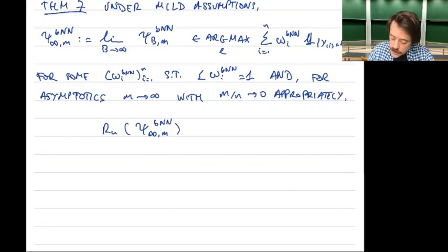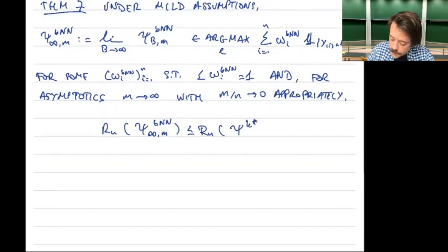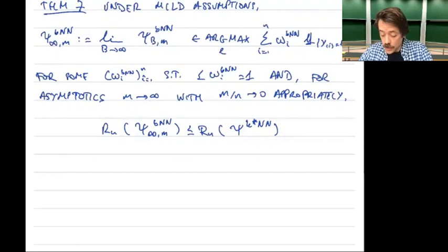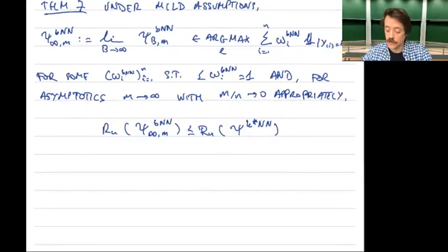So this guy is less than or equal to the Rn of not only the one nearest neighbor classifier, but actually of that which is carrying the optimal number of neighbors.